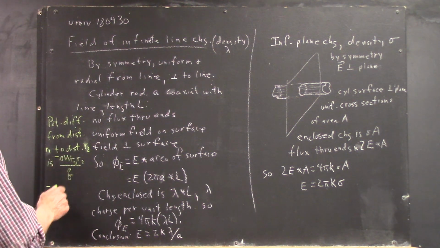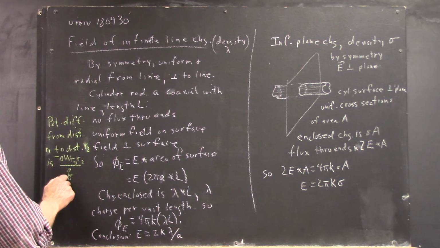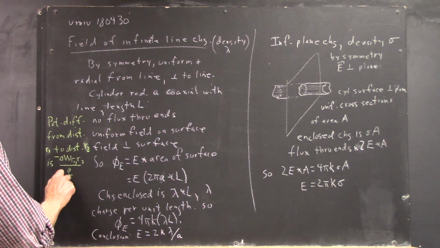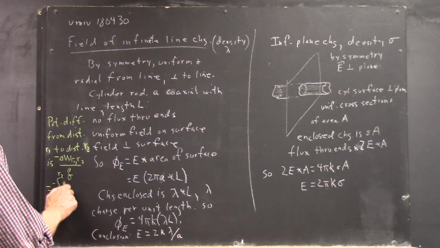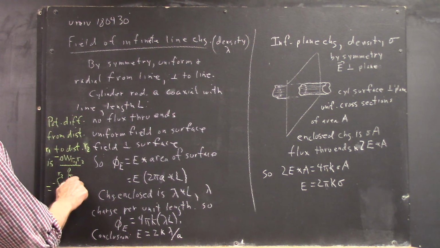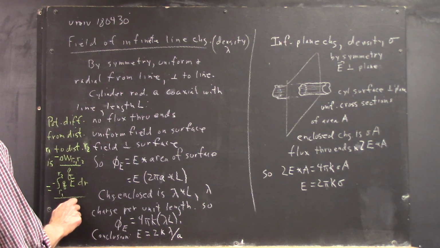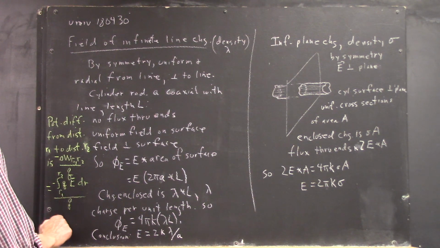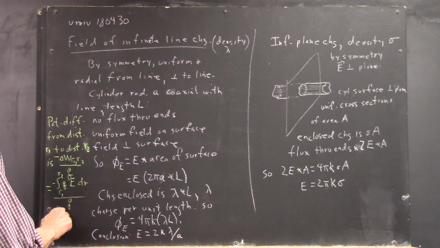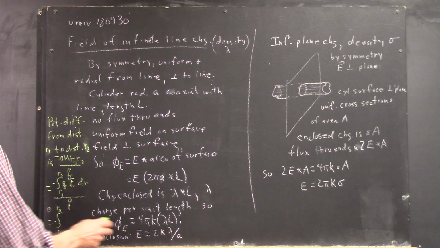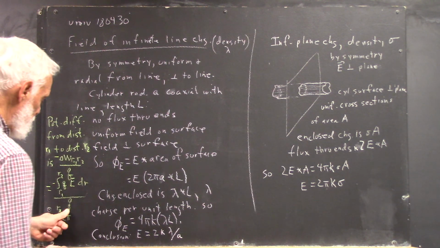And what's the work done between here? It's the integral from R1 to R2 of Q E dr over Q, which is then negative integral from R1 to R2 of E, which is 2K over r, not 2 pi.